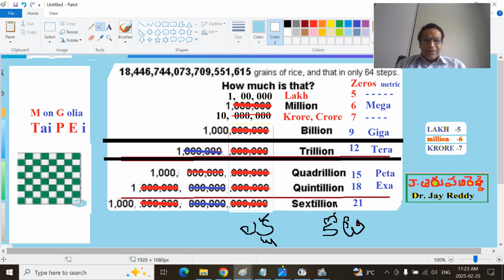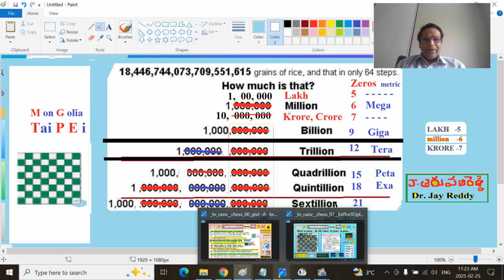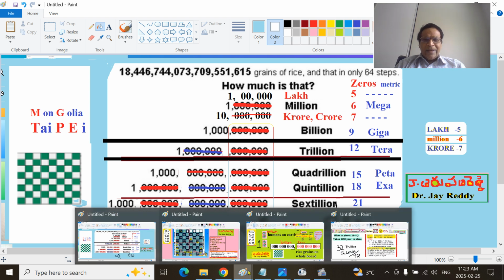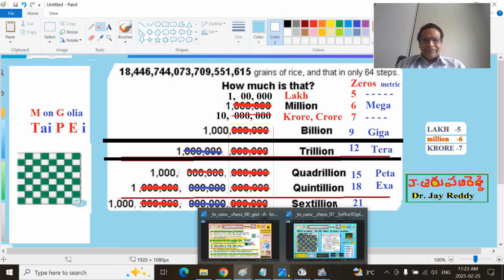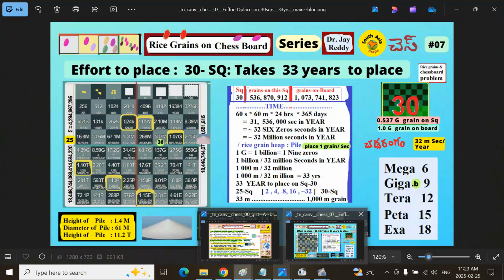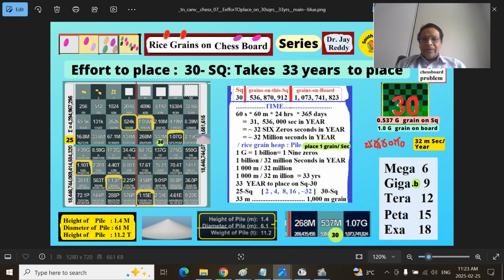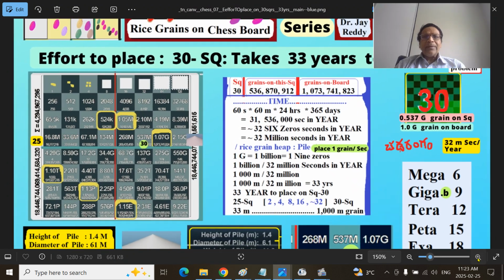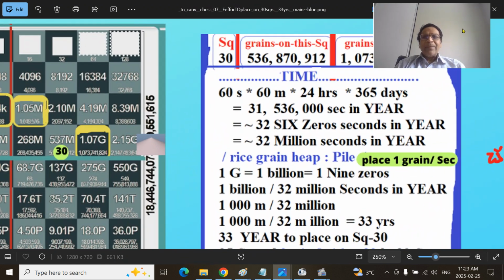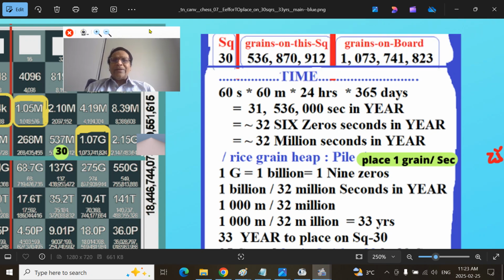So these numbers we will be exploring. I have shown here in detail for you. Here we are assuming we are placing 1 grain per second on the board. That is subject to assumption.